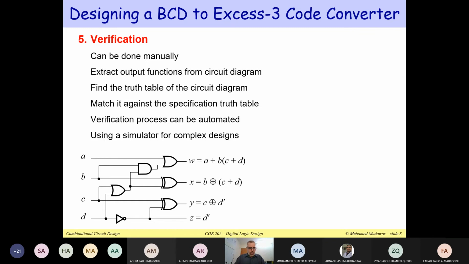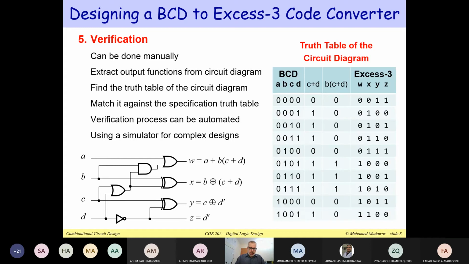If we look at the circuit here, we look at the equations for W, X, Y, and Z. We can derive the truth table of the circuit diagram manually. After deriving W, X, Y, and Z for all the BCD inputs A, B, C, D, we can check whether this matches the truth table that we obtained from the specifications.